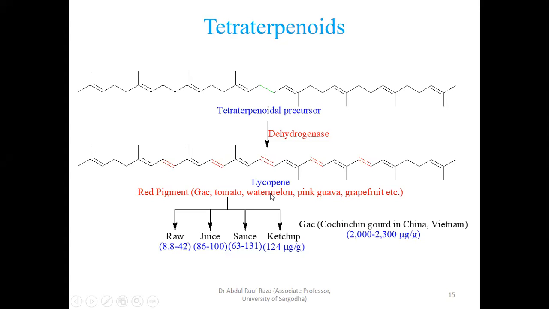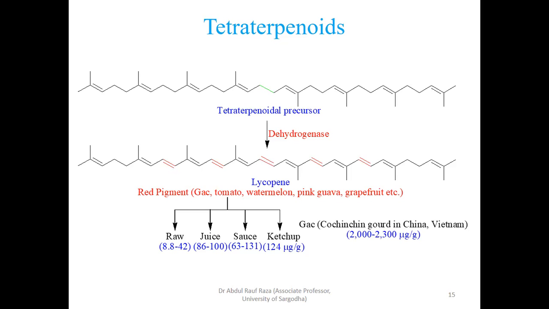You have seen that the watermelon is red in color. The red color of the watermelon is due to the presence of lycopene. I am not talking about the sweet taste. Sweet taste is due to the presence of sucrose, glucose, or fructose.